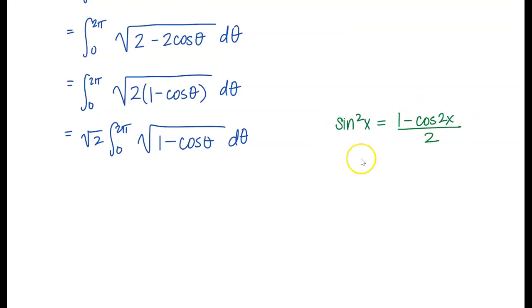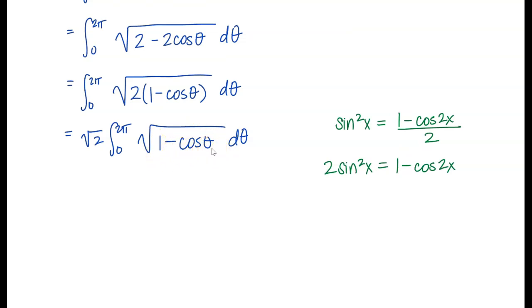So I know this equation is true. So whatever I do to one side, I can do to the other. So how about I multiply by 2, so I know 2 sine squared x is equal to 1 minus cosine of 2x. Okay, I'm getting closer. This right-hand side, 1 minus cosine 2x, I need it to be 1 minus cosine theta.